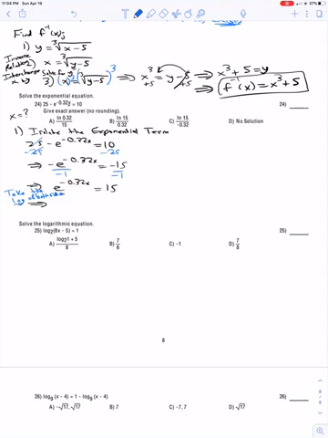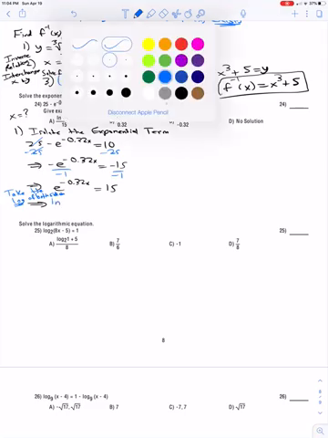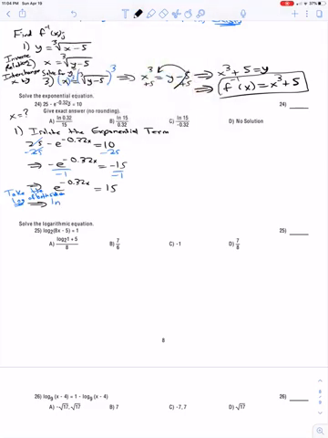Since we're dealing with the natural number, let's do log base e. So I'm going to take the natural log, abbreviated ln, of both sides. So it simplifies easily. You can do any log base you want, but I'm going to use log base e.